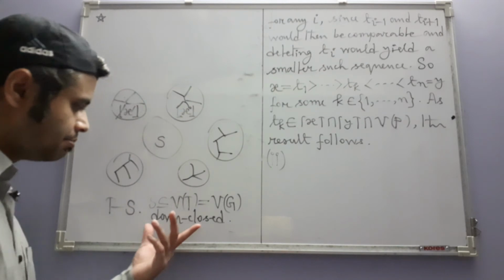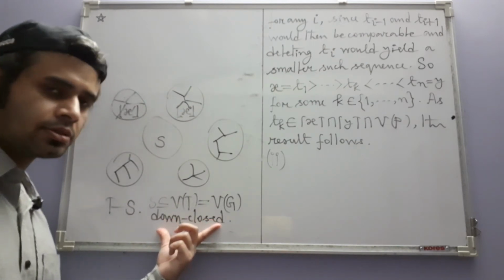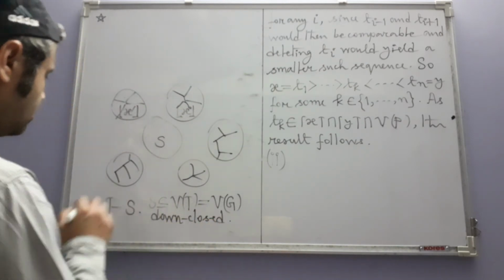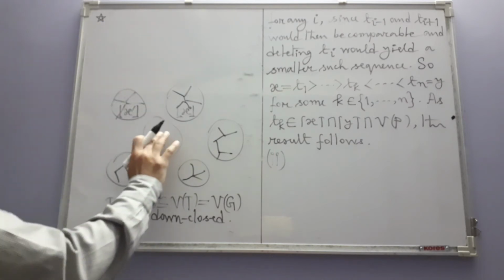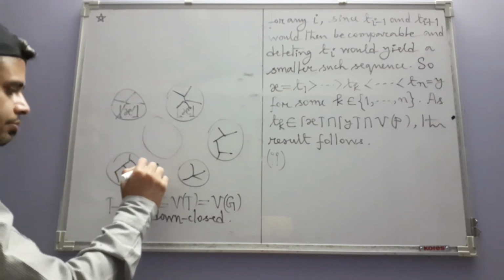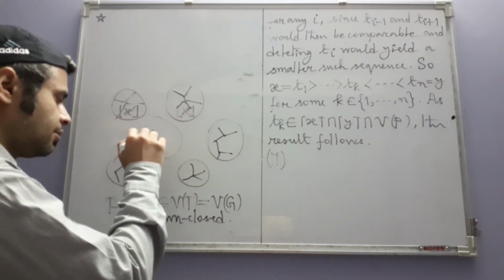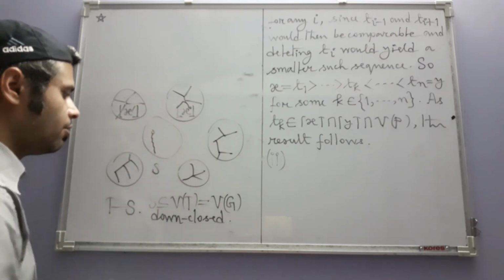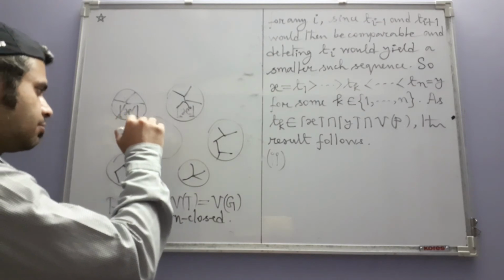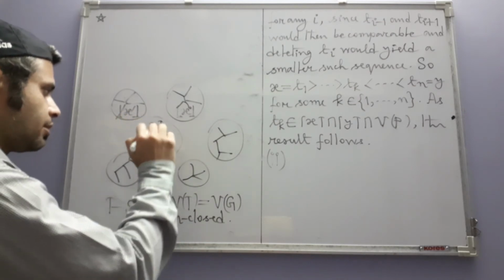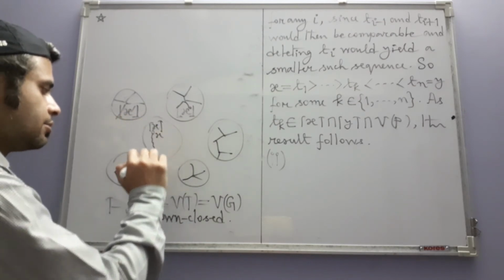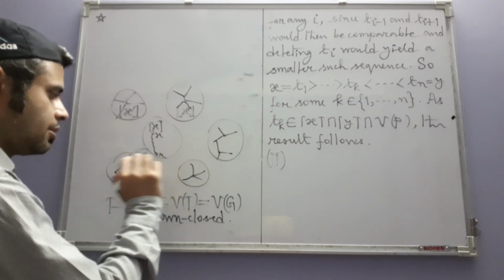And what is the meaning of down closed? Down closed means, okay, so this is our S now. If you have a vertex x in S, then whatever comes below x, that is the down closure of x, this is the root.